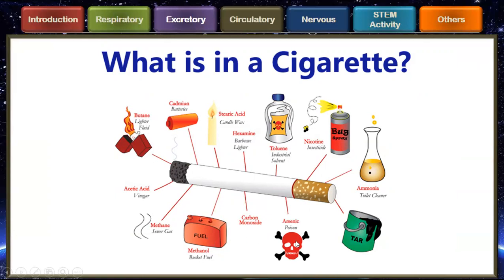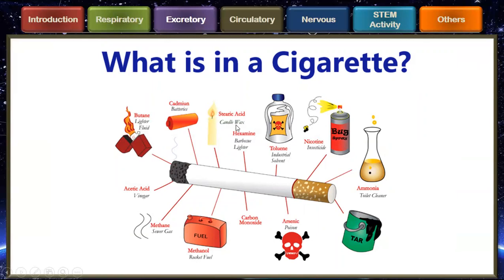There's arsenic, which is a poison. There's methanol, which can be found in fuel. Methane, that is the sour gas in our toilet. Acetic acid, in vinegar. Butane, that's in our lighter fluid. Cadmium, that is present in our batteries.